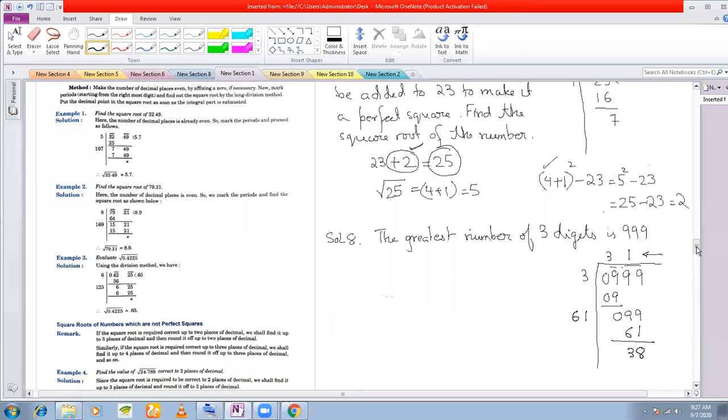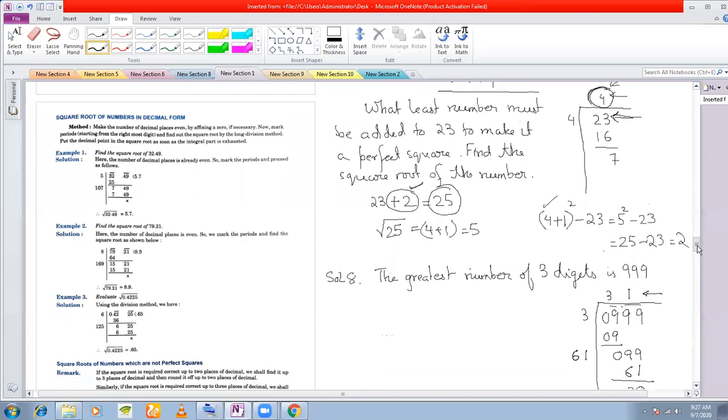Now you compare with this method. How do we get the number? Therefore, the least number to be added to 999 to get a perfect square.